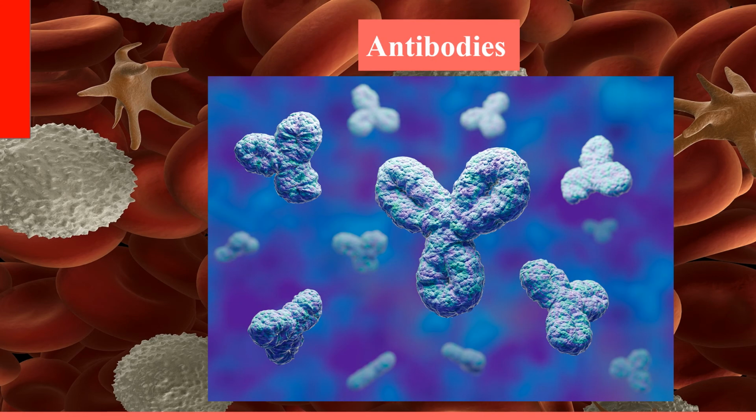Antibodies produced by B cells circulate throughout the body, searching out other instances of the harmful antigen first detected by the B cell. Encountering harmful antigens, antibodies bind to them, marking whatever is carrying it for destruction.